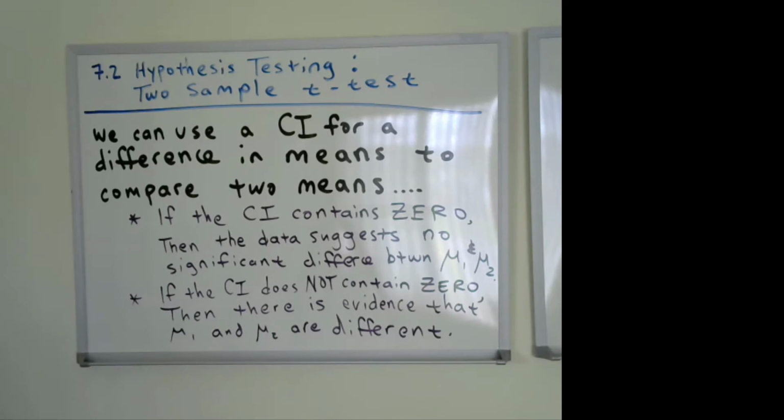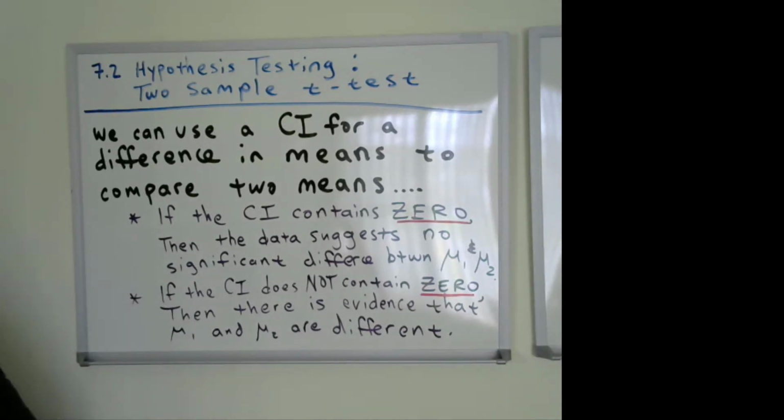If the confidence interval for a difference in means does not contain 0, then that implies that there is a significant difference between the two population means that we are comparing.